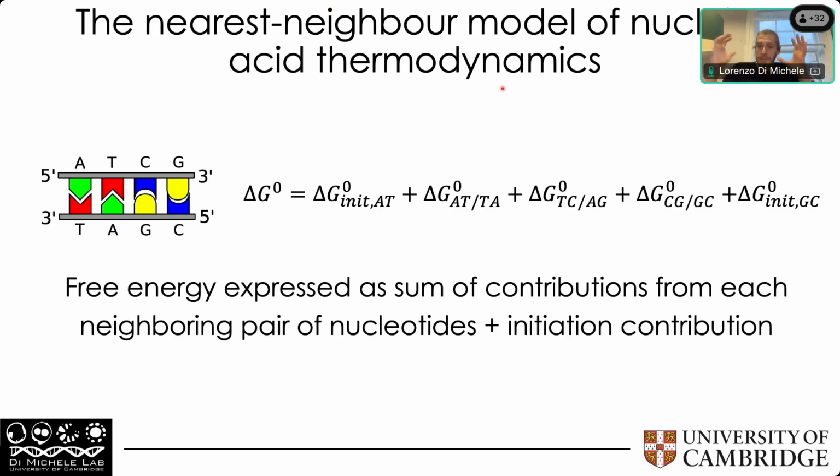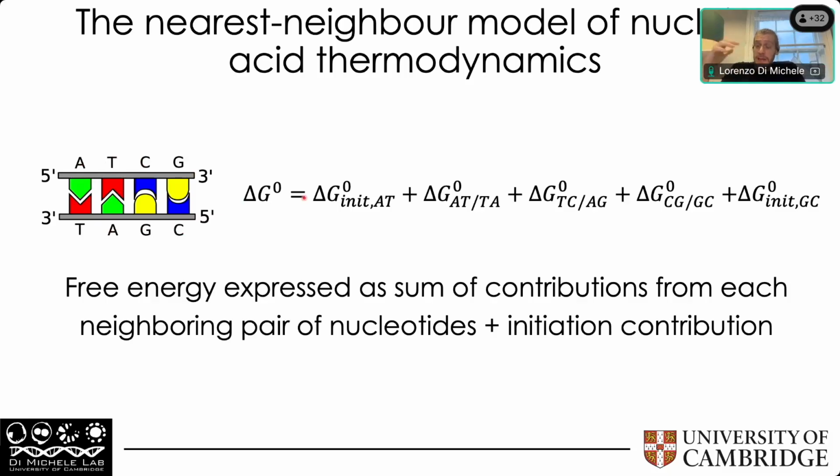So what this model basically tells us is that if you have two DNA molecules, again, call them A and B, with a certain sequence, consider this very simple case here with a molecule which is ATCG and the complementary which is CGAT. You can write down the hybridization free energy as a sum of terms. That's intuitive.